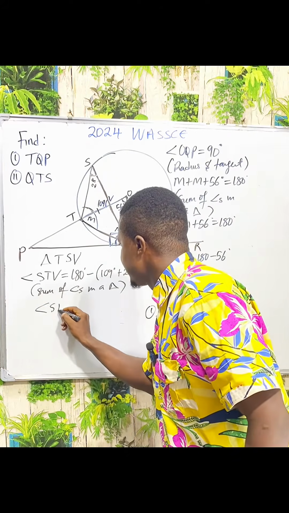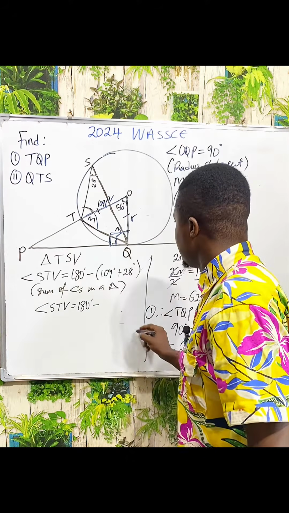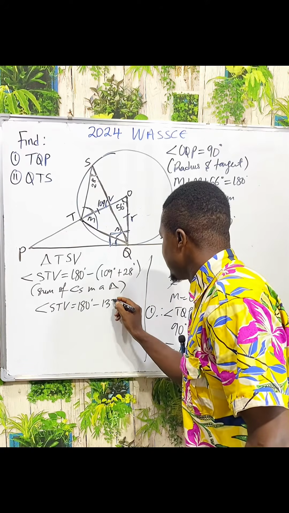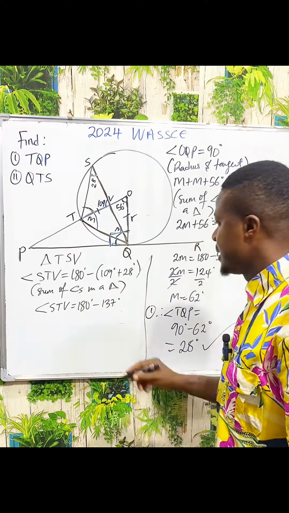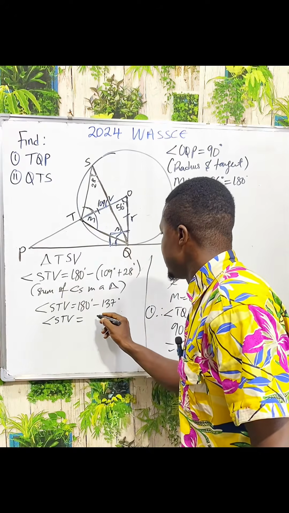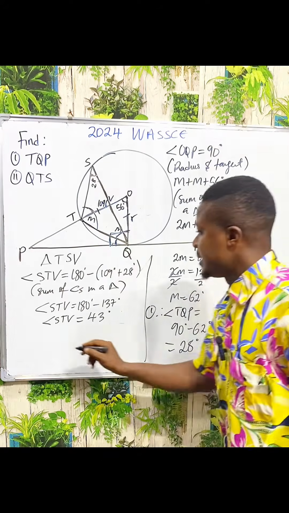So angle STV becomes 180 minus this plus this, which should be 137 degrees, right? So angle STV becomes 43 degrees. That is 43 degrees.